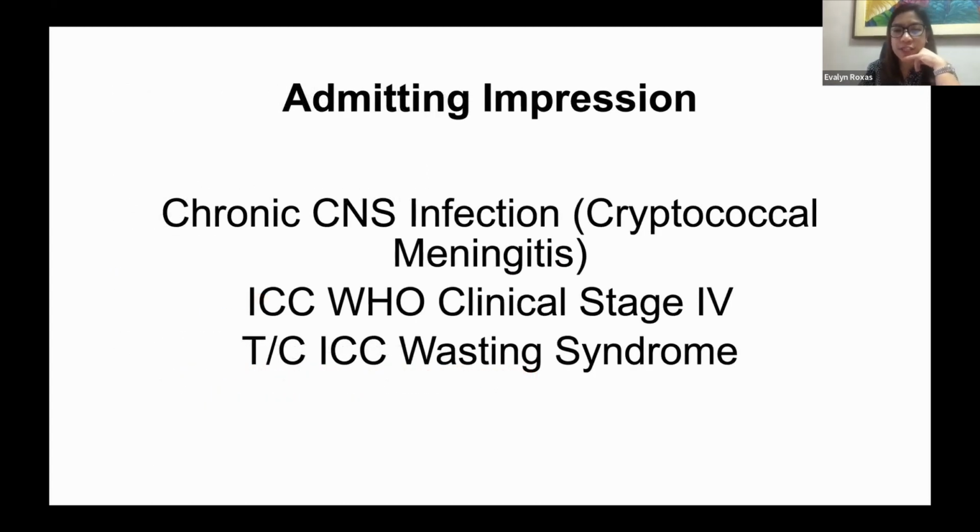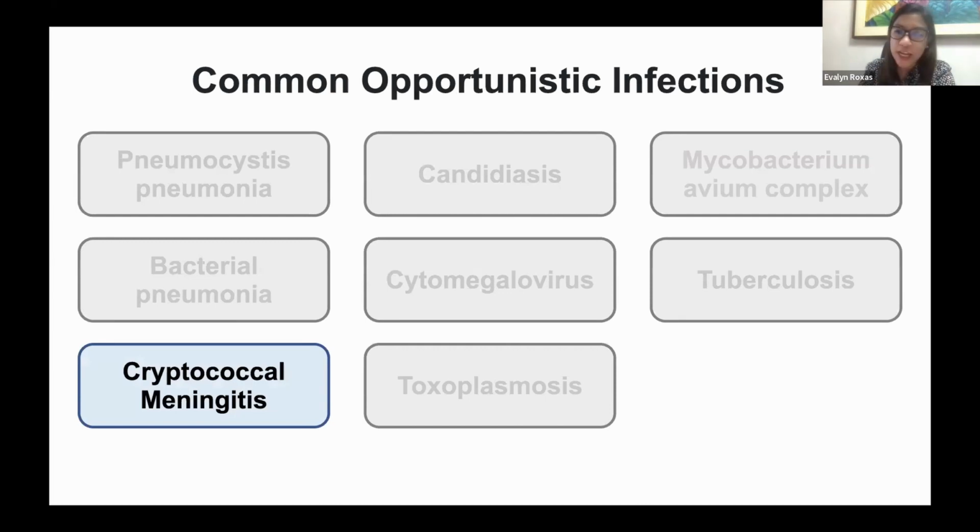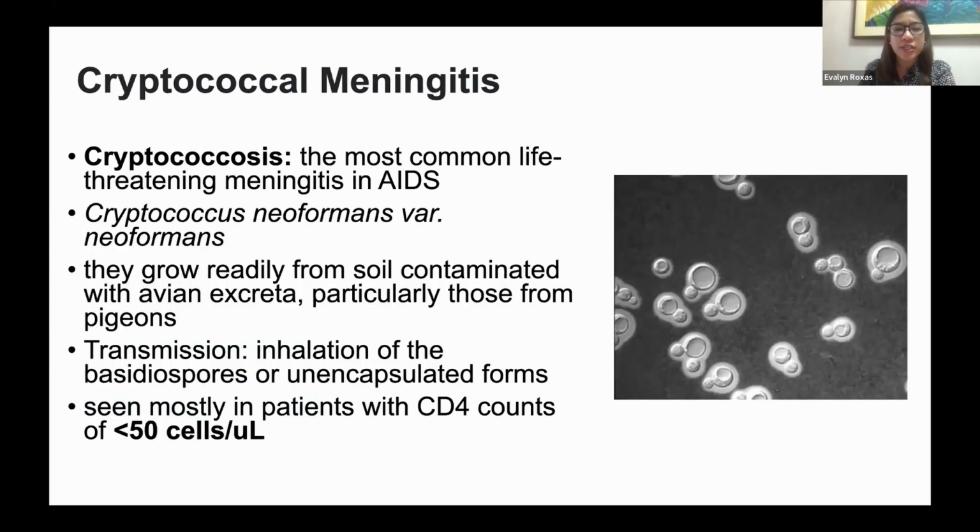the admitting impression of this case, so this is a case of cryptococcal meningitis, actually a chronic CNS infection, so cryptococcal meningitis. So based on the culture results also, and HIV clinical stage 4 already. So cryptococcal meningitis is another opportunistic infection.